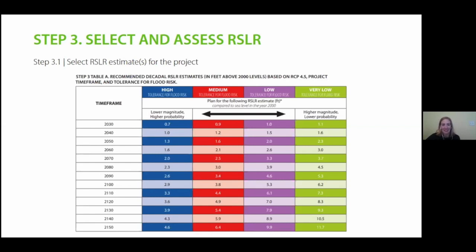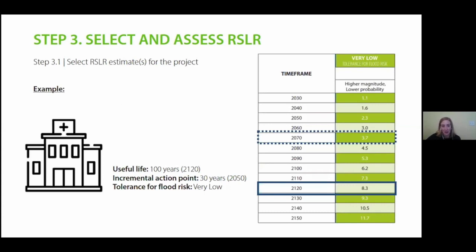Next slide. So back to our hospital example, if the useful life is 100 years, so we're thinking about the year 2120, and tolerance for flood risk is very low, decision makers would plan for 8.3 feet of sea level rise by the end of the hospital's useful life.